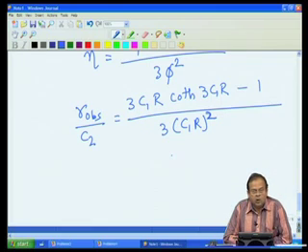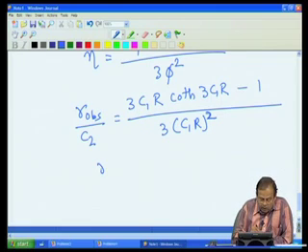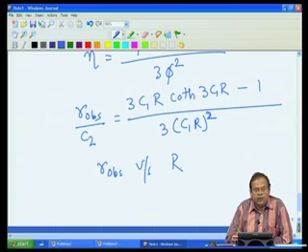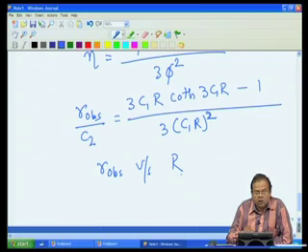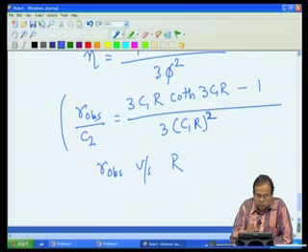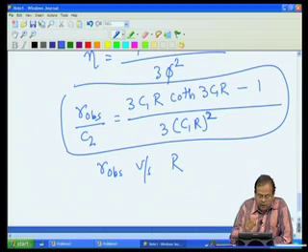Okay. Now, what do I have? I have R observed versus radius. So, in principle I can do a regression analysis for R observed versus R with this whole function, and get the values of C1 and C2.